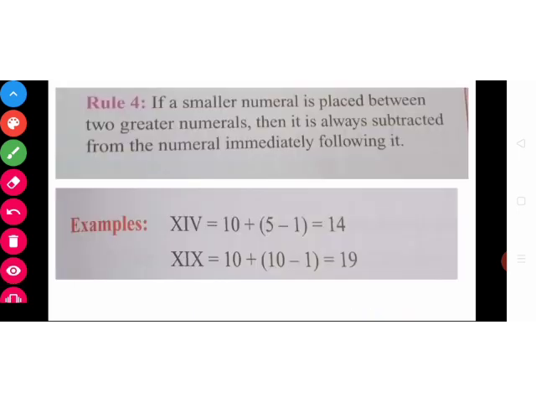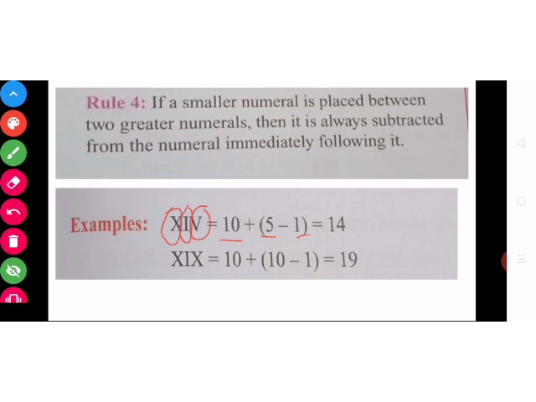Look at the next rule. If a smaller numeral is placed between two greater numerals, okay children, then it is always subtracted from the numeral immediately after it. Look at that example. This symbol represents 10, then this symbol represents 1, and then this symbol represents 5.